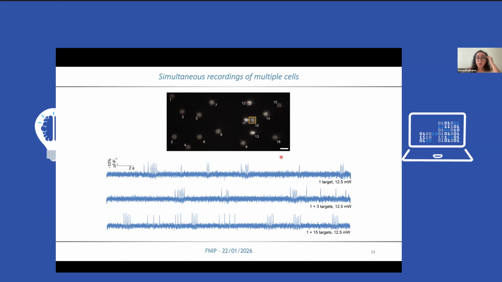And then we gradually increased the number of spots in our field of view. And so here are the results for our cell when we added 3 more targets, and here is the result when we added 15 more. What we were able to see here is that whatever the number of targets in our field of view, our delta F over F and SNR were maintained, which means that we did not degrade our signal, and it also means that we can indeed record from multiple cells simultaneously.